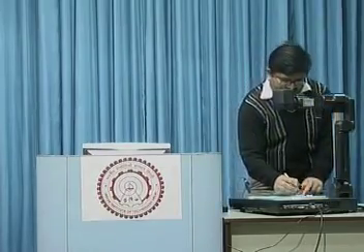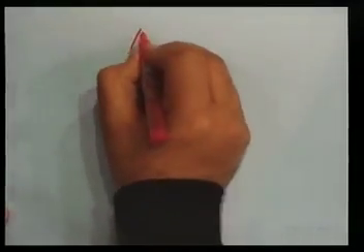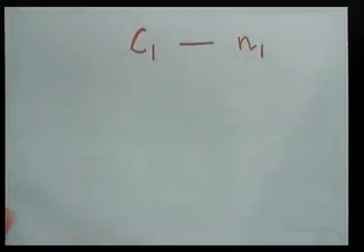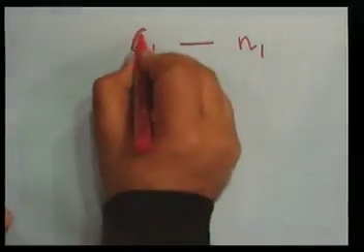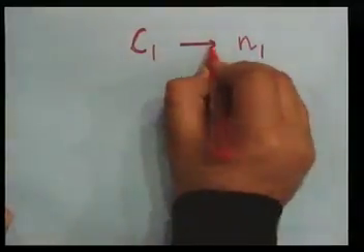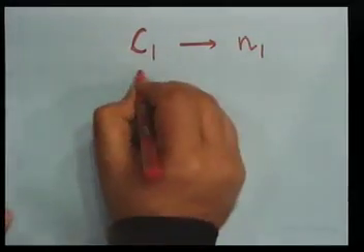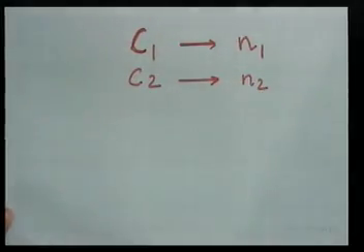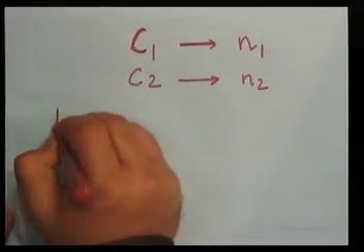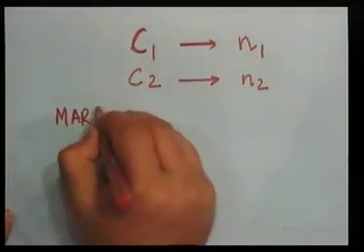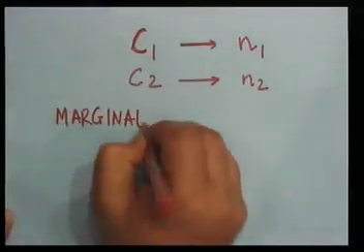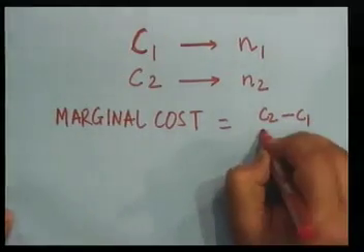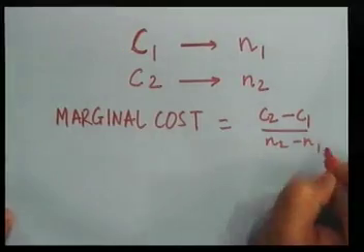If you see, it is like this. Let us say the cost associated with production N1 is C1, that is, C1 is the cost associated with N1 units of production, and C2 is the cost associated with N2 units of production. So, marginal cost is defined as C2 minus C1 divided by N2 minus N1.